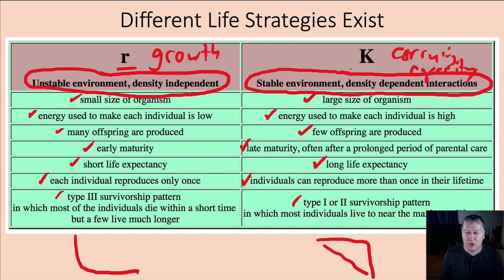You don't have these catastrophic events happening as often. So you don't need to have 500 offspring because you know your offspring are most likely going to make it. And so you tend to invest a lot more in a few offspring because you know they're going to make it into adulthood and survive. And so we tend to see that.